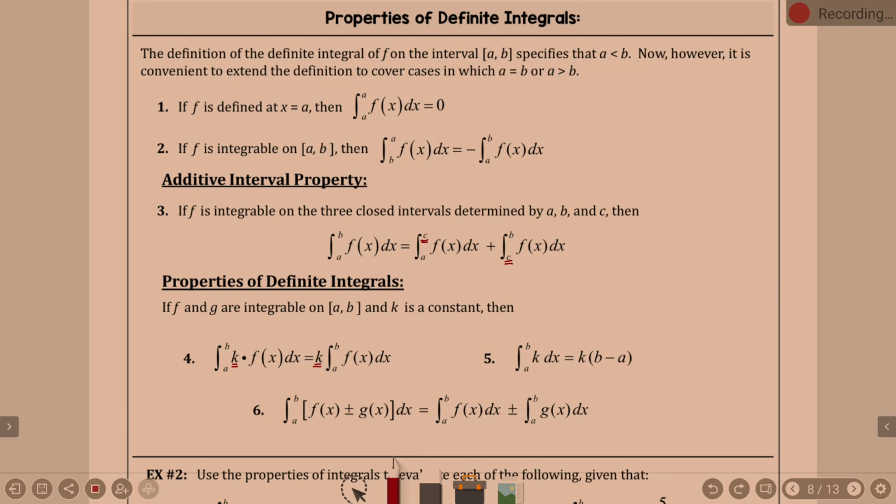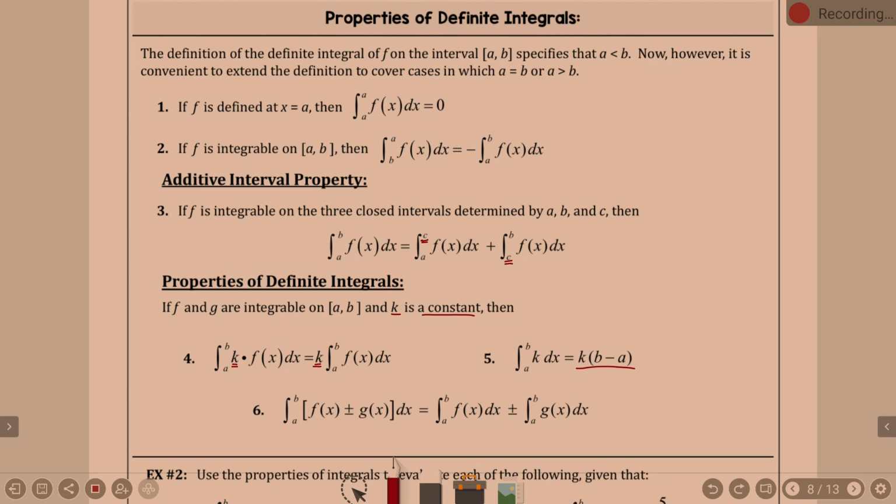Then the integral from a to b of k, well, when you integrate, we add a variable on there. So a shortcut here is if k is just a constant. Remember, k is a constant. And you're doing this integral from a to b, you can shortcut that and do the constant times b minus a. Okay? I will learn more later about why that works and why it makes sense, but it makes perfect sense in the world of integrals.